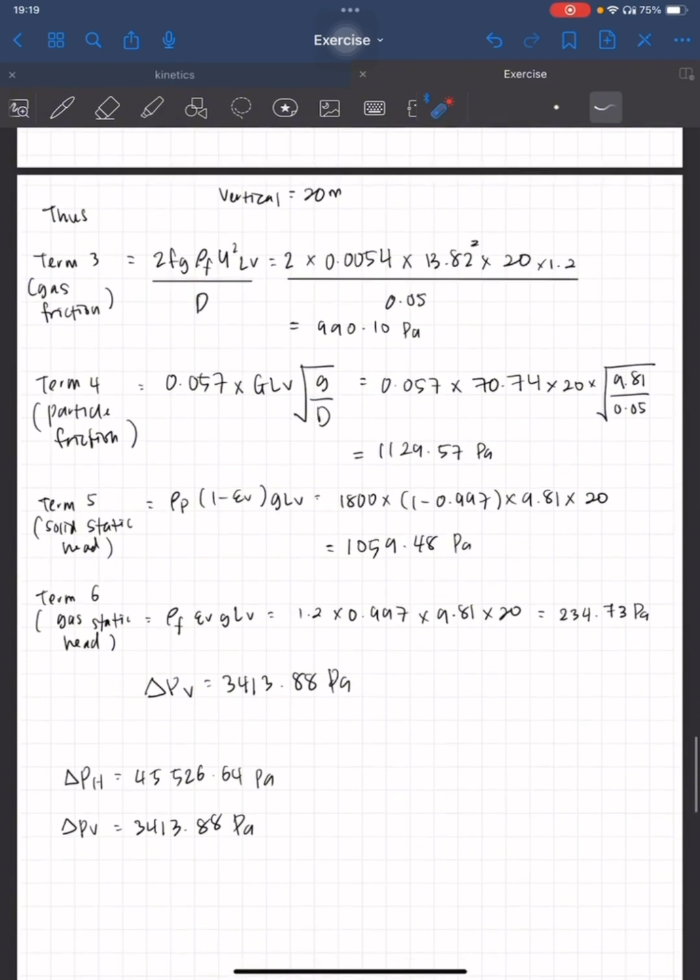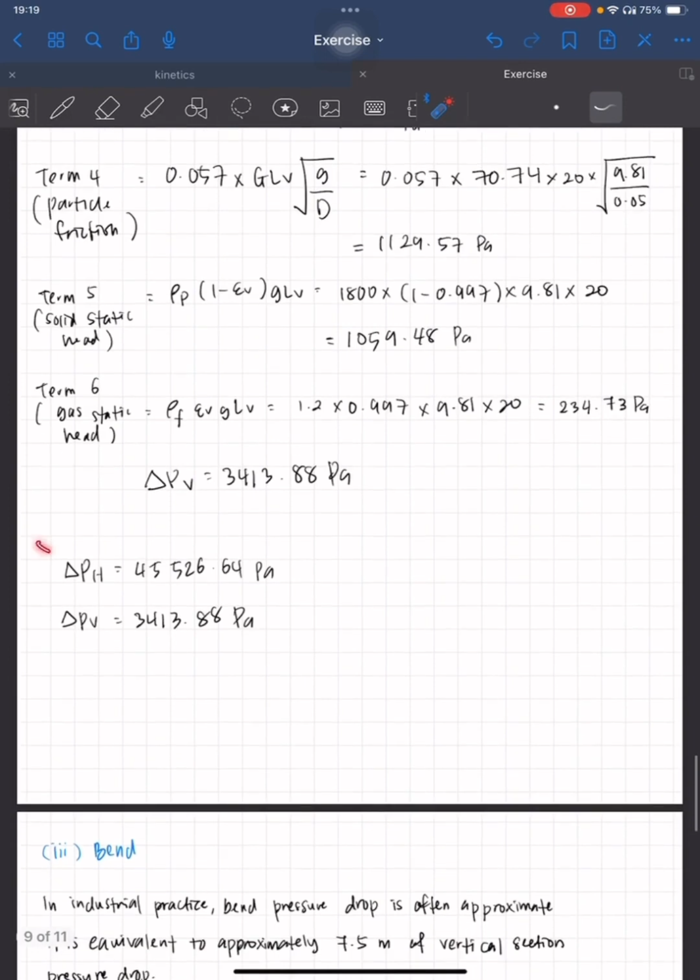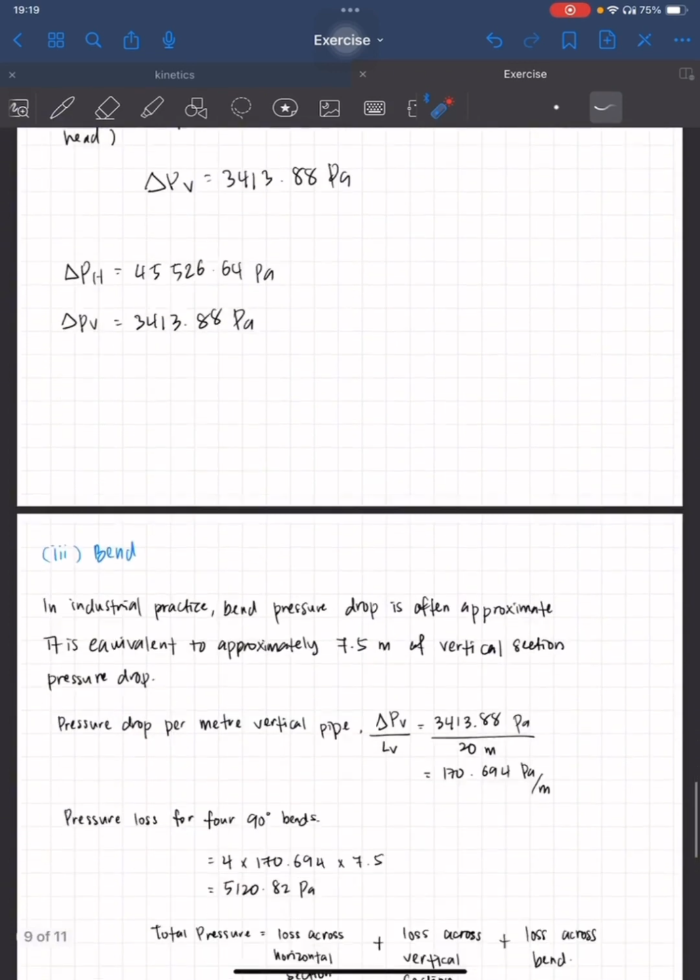So same as before, we proceed to calculate the pressure drop for the vertical section, which is for the terms number 3, number 4, number 5, and number 6, which are then totaled up, and we get the value of 3413.88 Pascal. So this is the summary for the total pressure drop for horizontal and vertical section.